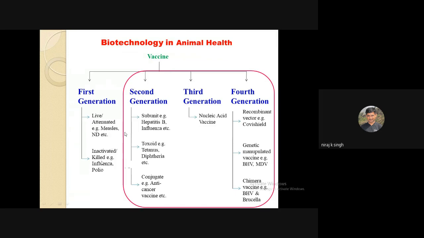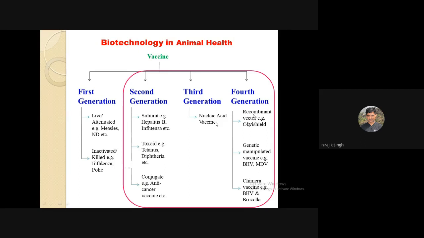Subsequently, vaccinology advanced, and second, third and fourth generation vaccines were developed. The second generation vaccines include subunit vaccines, toxoid vaccines, and conjugated vaccines; tetanus toxoid (TT) is a second generation subunit vaccine. Third generation vaccines are nucleic acid vaccines, DNA vaccines. Fourth generation vaccines are recombinant vaccines.